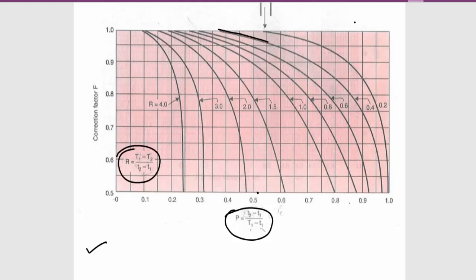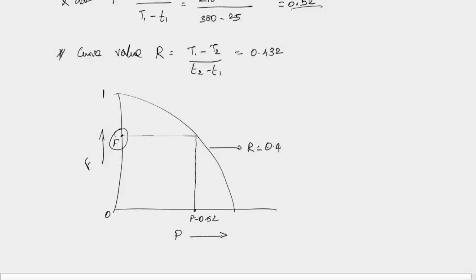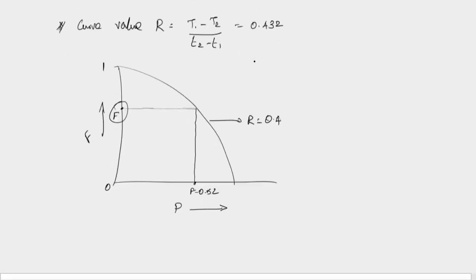So this is your 0.4 curve, and just draw a vertical line from 0.52, and you will get a line like this, and the intercept point will be here, and from this point draw a horizontal line. The value of correction factor is, this is 0.9, this is 0.95, so this may be 0.97 or 0.98. So I am taking F equal to 0.97. Okay, so write this value here.